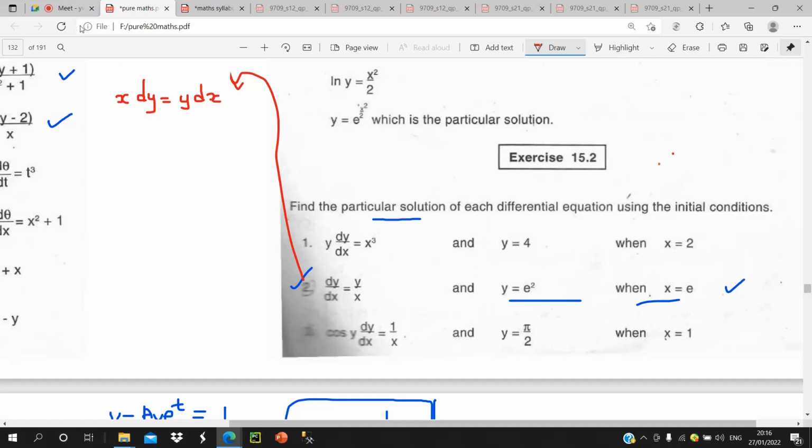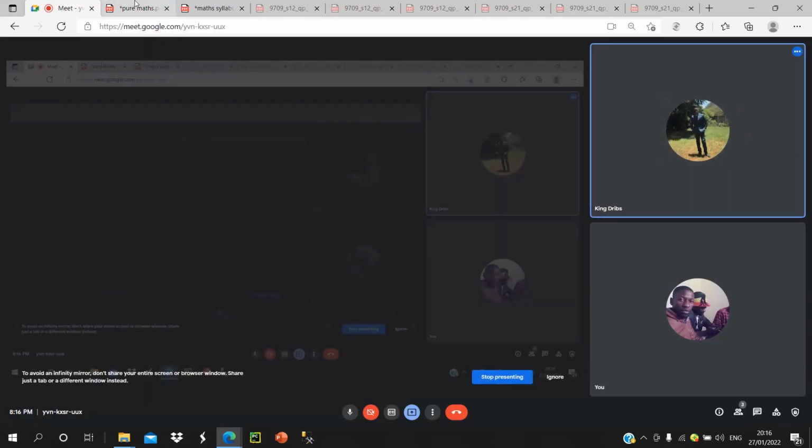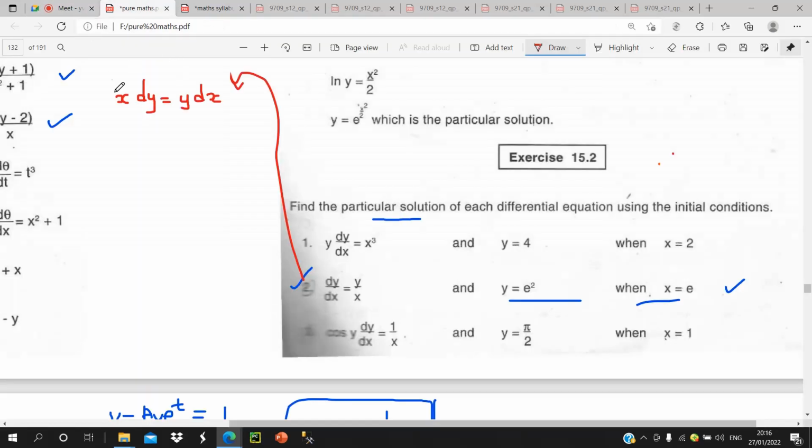Are we together on this one? Yes. We want to separate the variables. Next, what are we going to do?